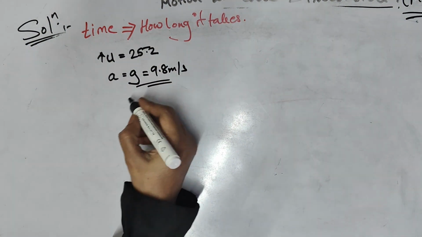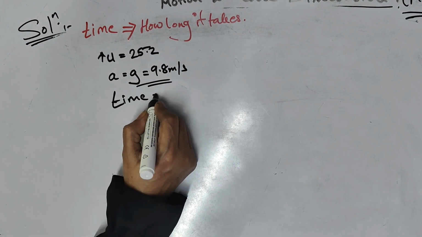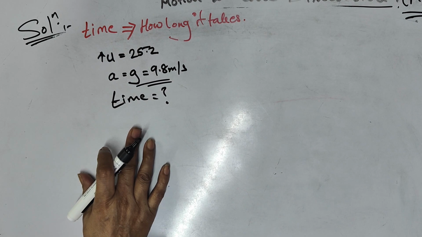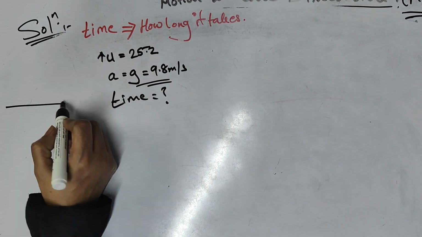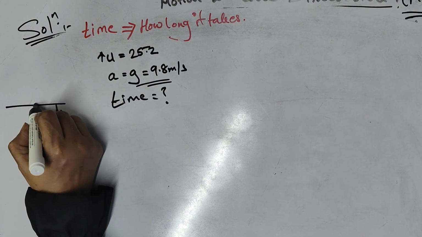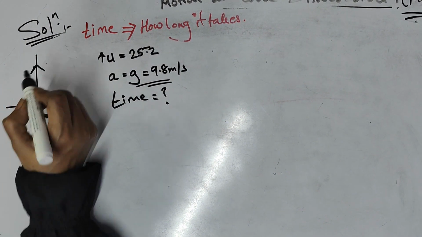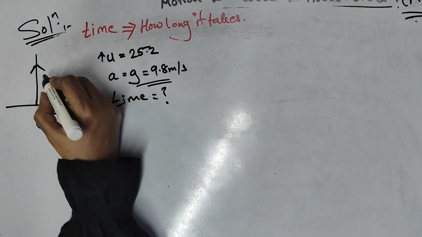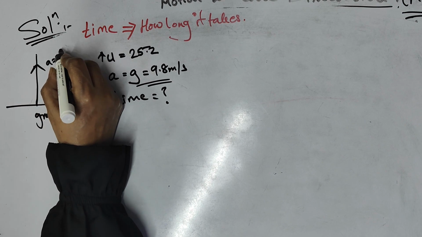Okay, and we have been asked time. These are all given points. Okay, so and this is the ground, and from here we are throwing the ball with a is equal to g.